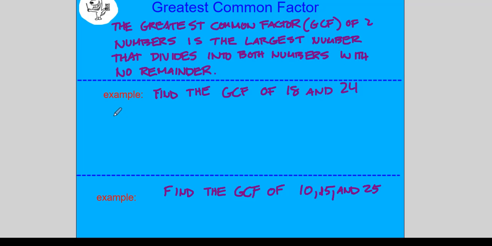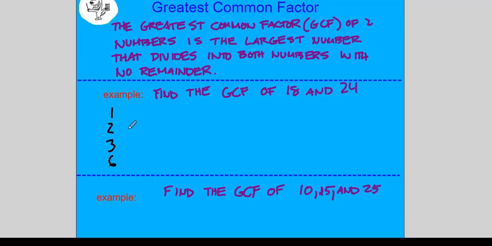Well, 1 goes in there, always will. 2 goes into both, because 2 goes into 18 9 times and into 24 12 times. 3 goes in: 3 goes into 18 6 times and into 24 8 times. 4 does not go into 18 evenly. 5 goes into neither. 6 goes into 18 3 times and into 24 4 times. 7 does not go into either. 8 does not go into either. 9 goes into 18 but not 24. 10 doesn't go in either. 11 doesn't. 12 doesn't.